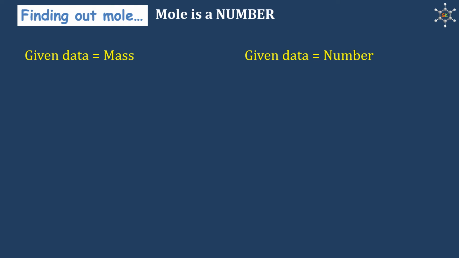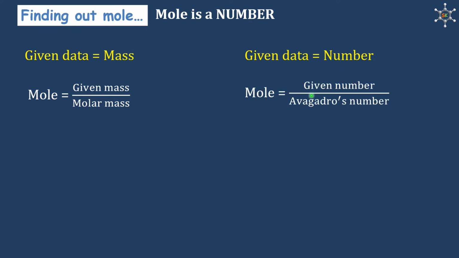Data may be given in the form of mass or in the form of number. If it is given in the form of mass, then mole is the ratio of the given mass of the substance divided by the molar mass of the substance. If the given data is in the form of number, then mole is the ratio of the given number divided by Avogadro's number.